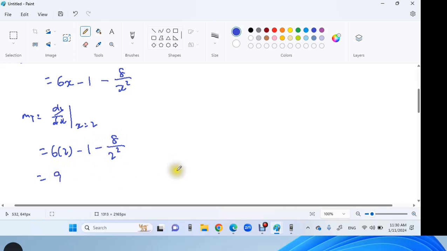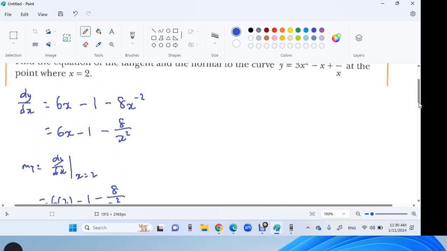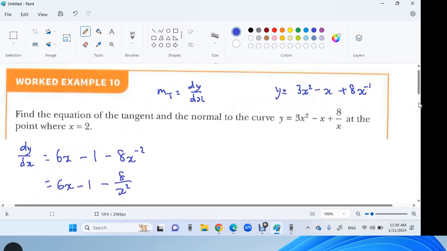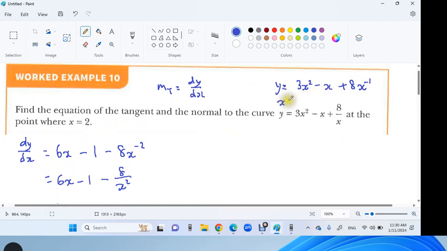So it's 9. Okay, so the gradient of the tangent is 9. When x equal to 2, then y is 3 times 2 squared minus 2 plus 8 over 2. That is 12, minus 2, plus 4, which is 14. So the point is actually (2, 14).